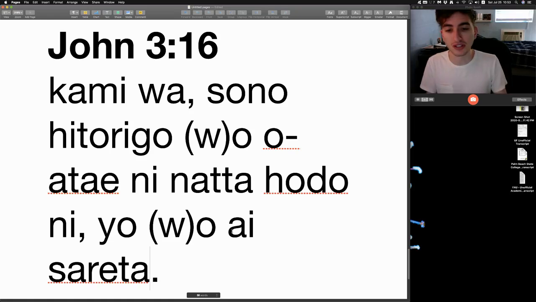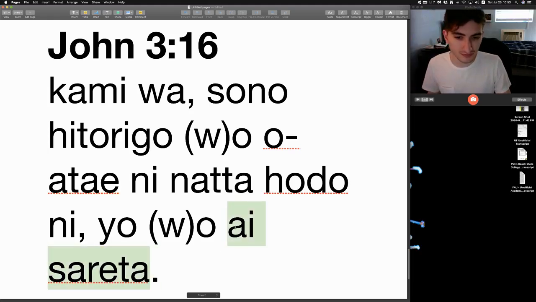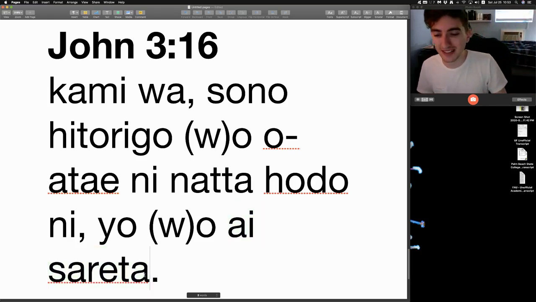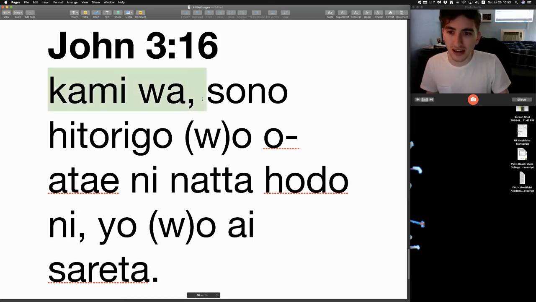When you want to make shimasu respectful, you could just say saremasu or sareta, sareru. So to love, when you're giving respect to the person doing the loving, we say ai sareta, ai saremasu, ai sareru. So God, that's the first part.